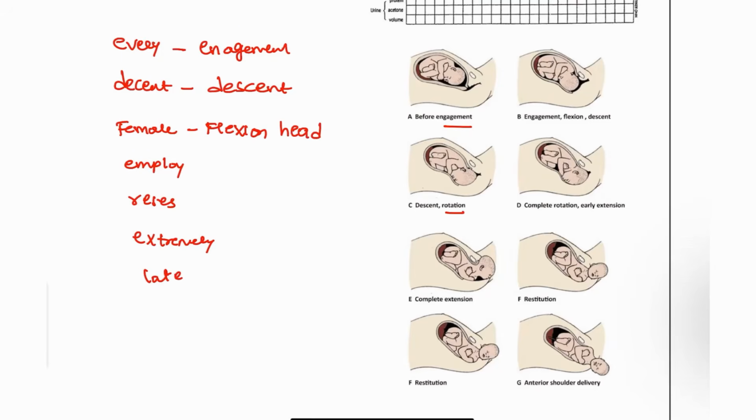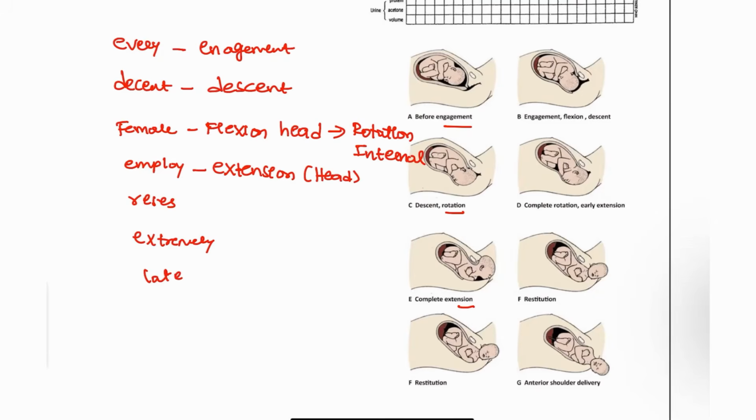After this, there will be rotation. What kind of rotation? This rotation will be internal. Next, employee: this is the extension of the head. Once the baby is out, the complete extension of the head will be seen here.